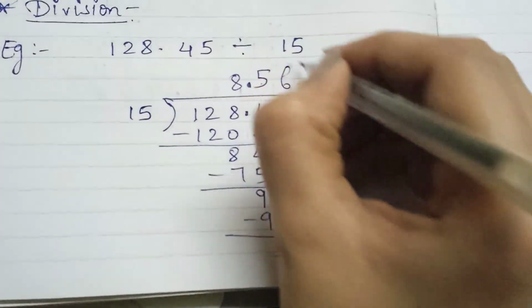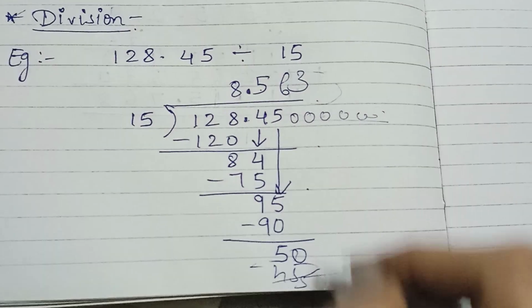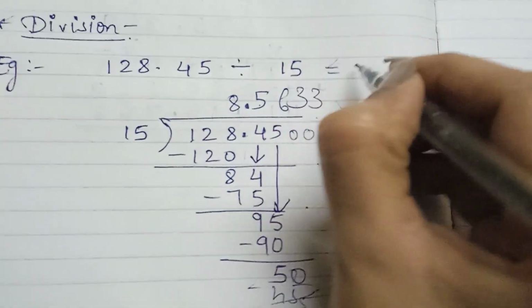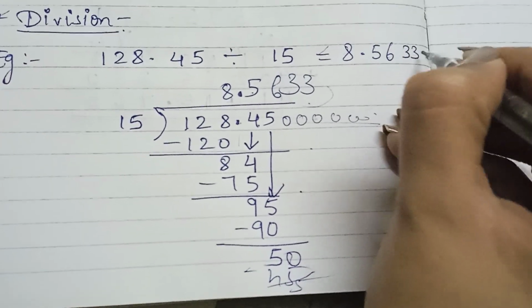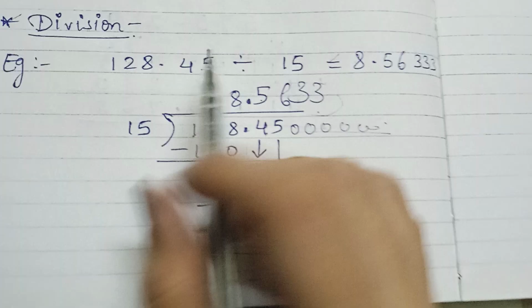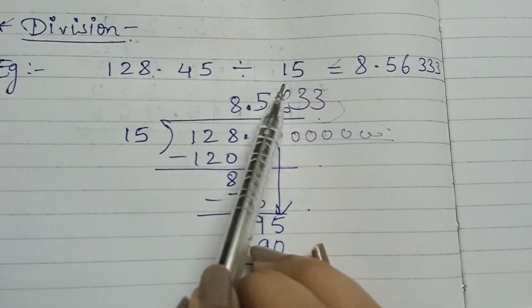So 15 3s are 45. Again it will be 5 and again, so the 3 is going to be recurring. So the answer is 8.5633 and goes on.